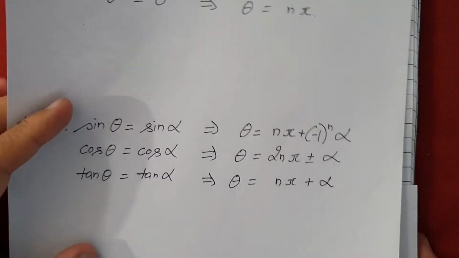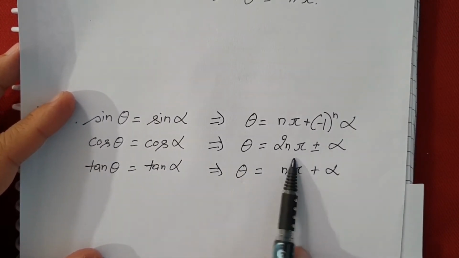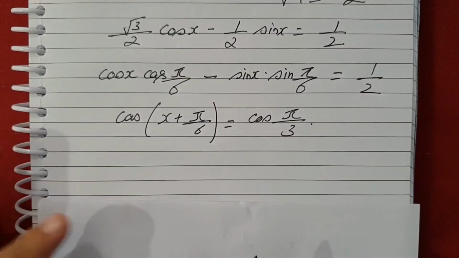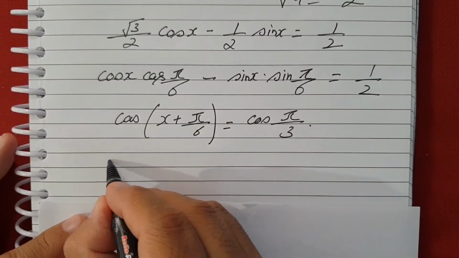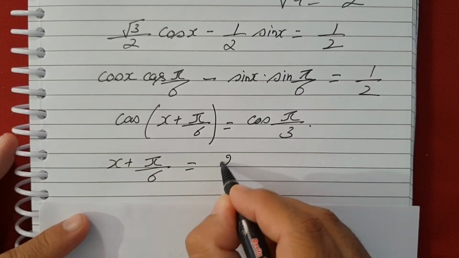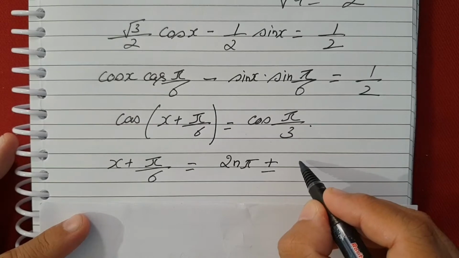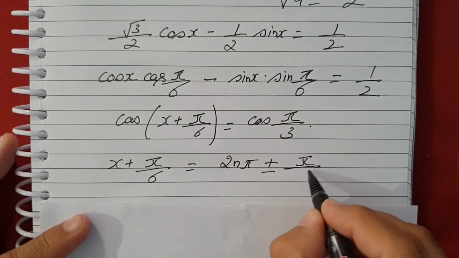Again using this formula, cos theta equals cos alpha means theta is 2n pi plus minus alpha. So x plus pi by 6 equals 2n pi plus minus pi by 3.